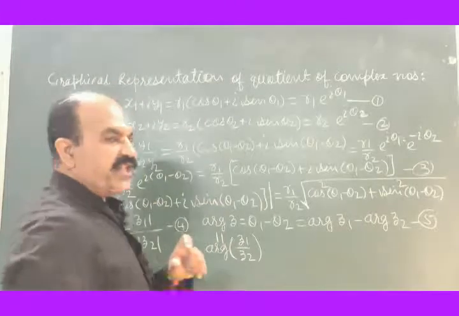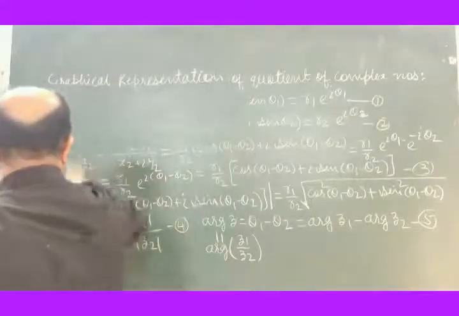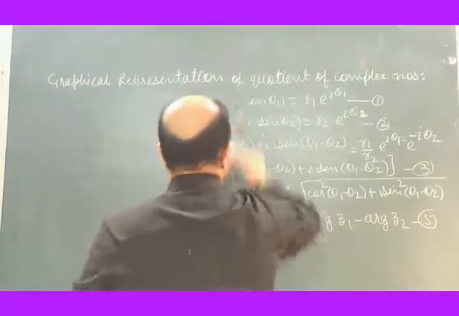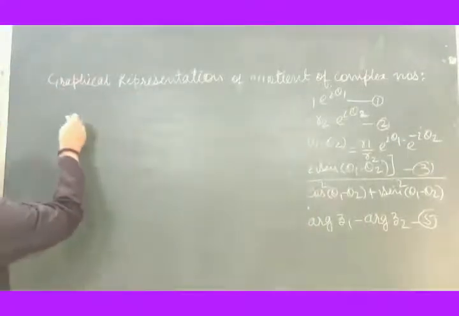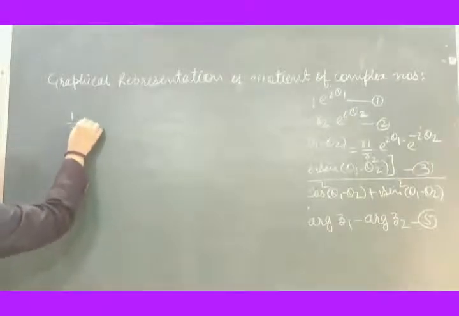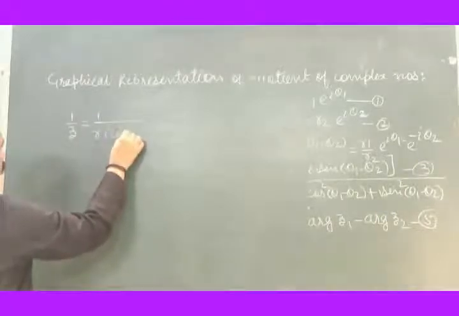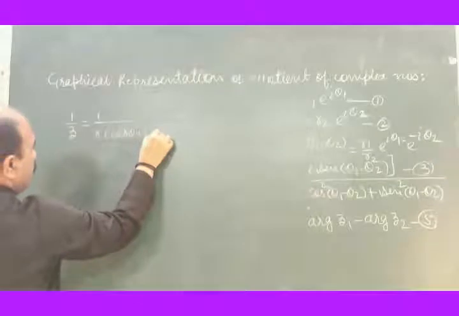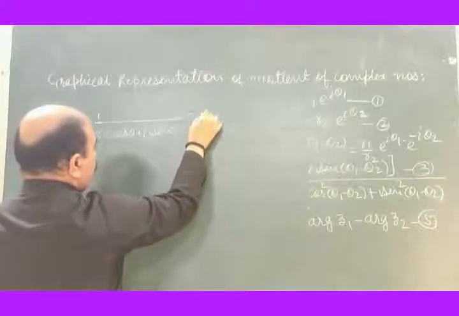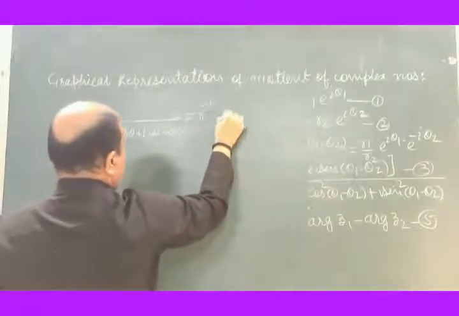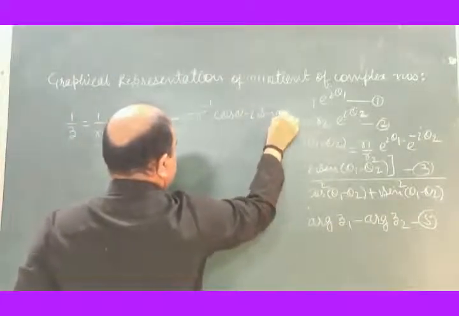With this special assumption, I may write 1 by Z is equal to 1 by r into cos theta plus i sin theta, that is nothing but r to the power minus 1 into cos theta minus i sin theta.